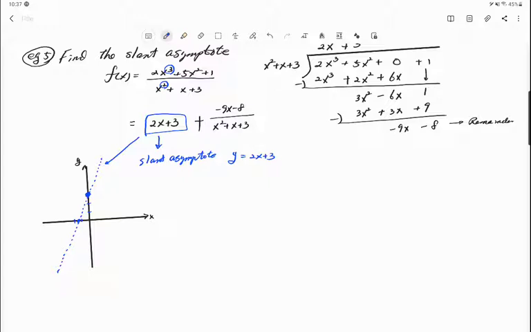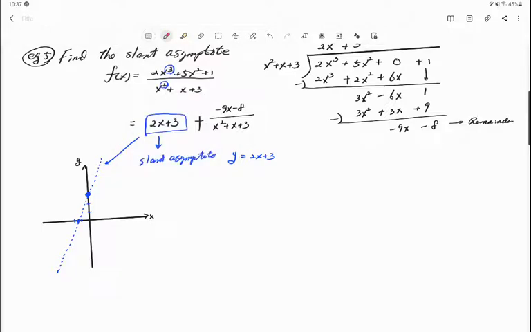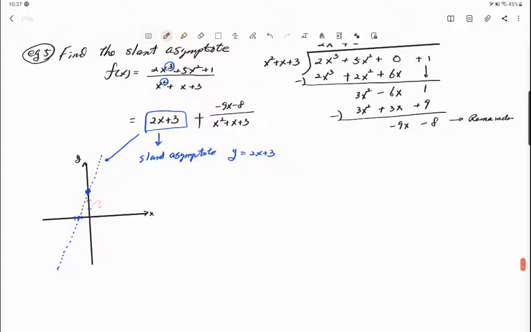Then the graph. The graph depends on, and then the graph actually, we got to do some work. But once we refer to a graphing calculator, it's something like this.